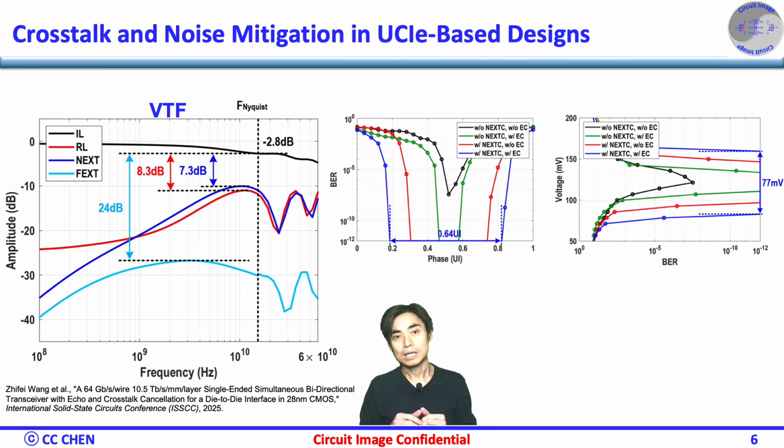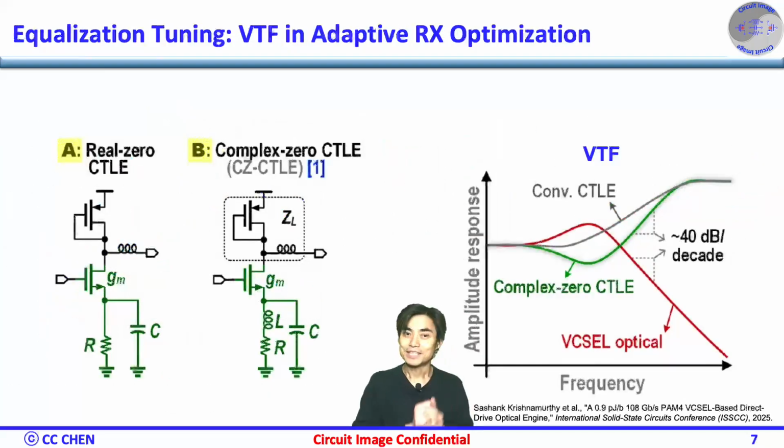With crosstalk suppression under control, the next challenge is refining equalization strategies to optimize receiver performance. VTF plays a critical role in a study on low latency UCIe receivers, where it was used to fine-tune CTLE and DFE equalization parameters based on multi-domain signal tracking.